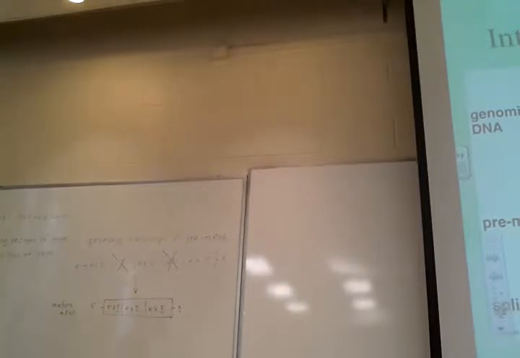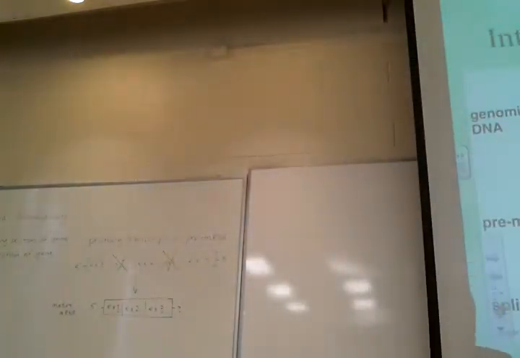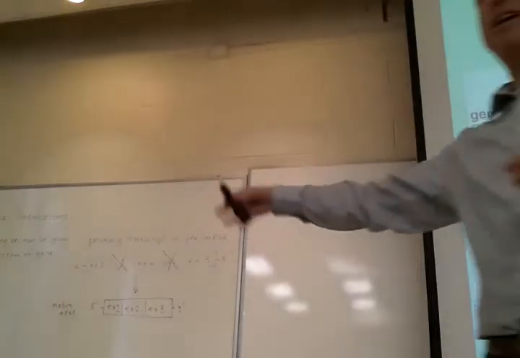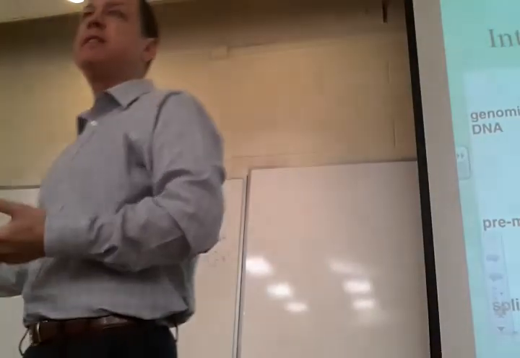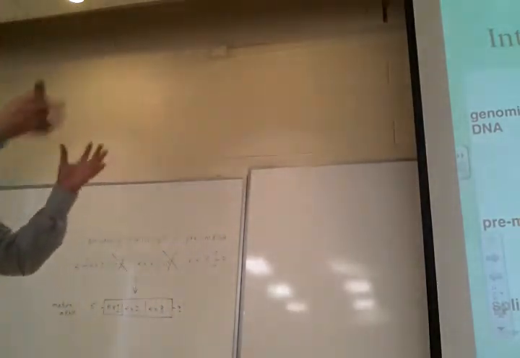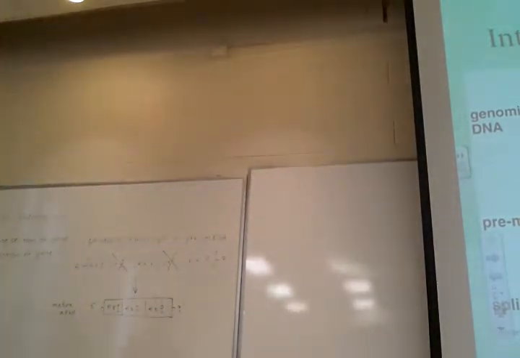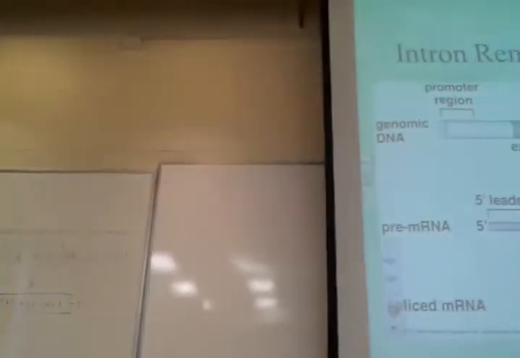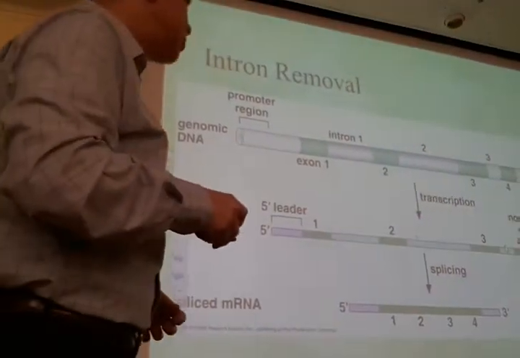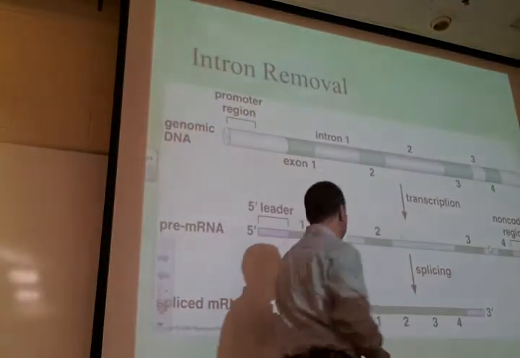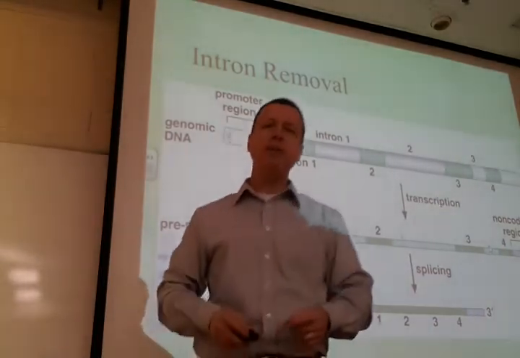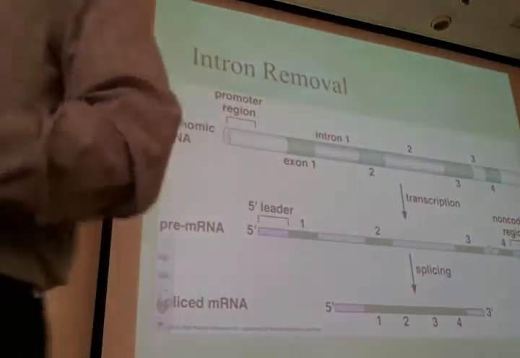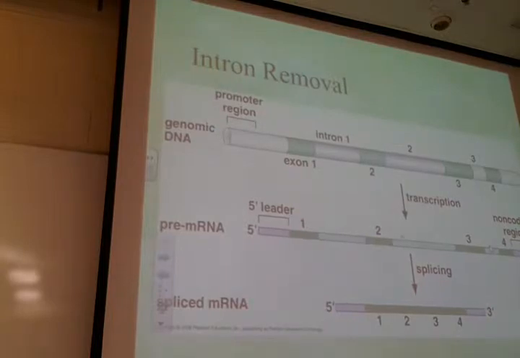Because we're going to splice out the introns. And that's initially how these were discovered. People noticed that the RNA, while it was still in the nucleus, was a lot longer than the RNAs that came out into the cytoplasm and got translated. And then the rest of the story was pieced together over several years. The RNA does physically get shorter, because the mature messenger RNA that's eventually going to get translated into a protein lacks introns. It lacks these sequences that don't code for protein.